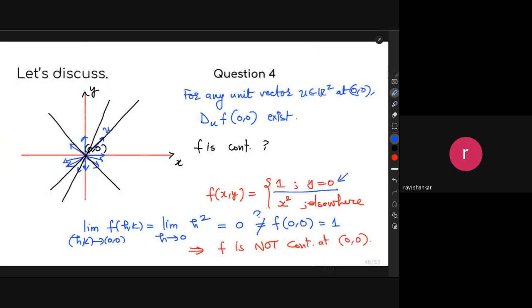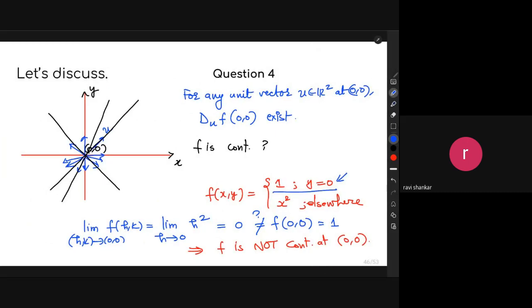What is f of h k? f of h k is defined to be f of x y.